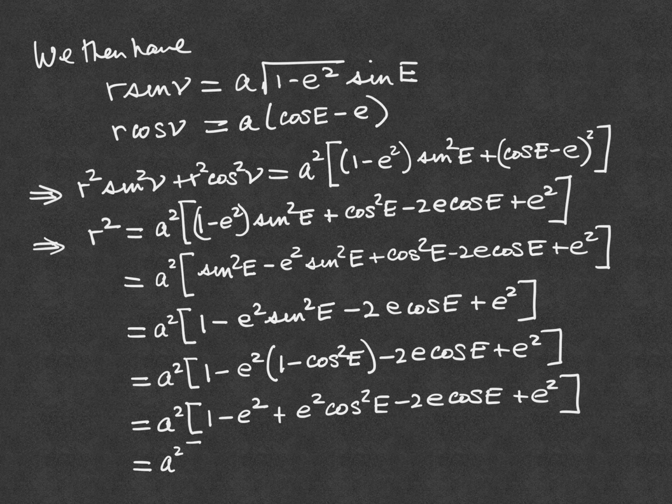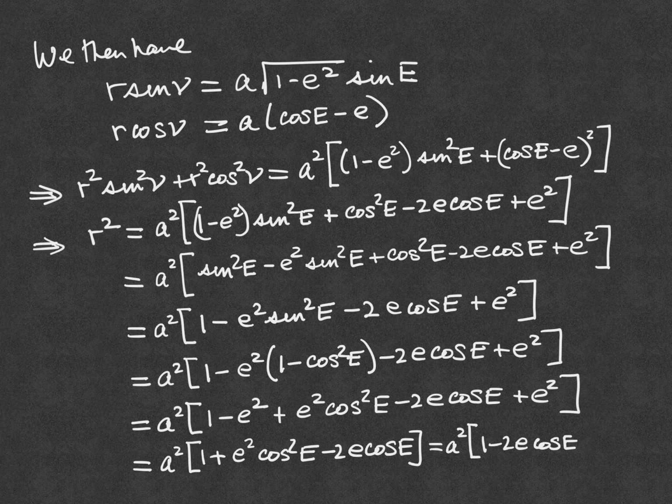So we wind up with a squared times 1 plus e squared cosine squared e minus 2e cosine of e, which can be written as a squared times 1 minus 2e cosine of e plus e squared cosine squared of e.